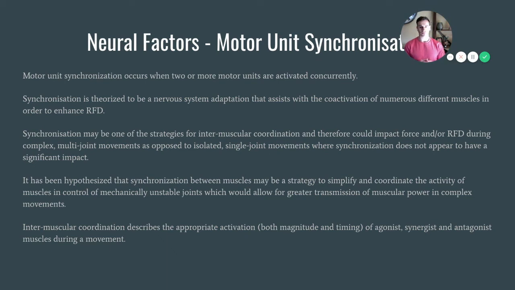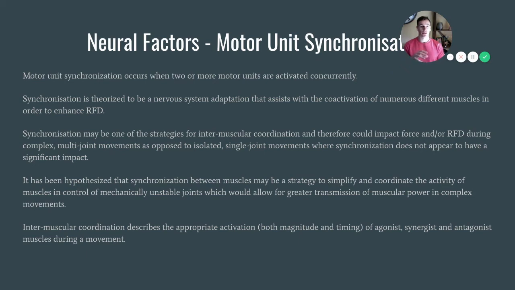When we're talking about that co-activation, let's take any movement that involves rapid hip extension or triple extension, meaning full extension of the ankle, the knee, and the hip. You can see there's a huge number of muscle groups involved in performing that movement pattern.